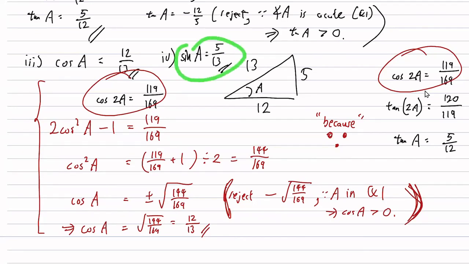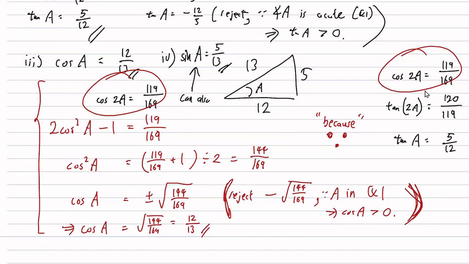You can also use cosine 2A, replace with 1 minus 2 sine square A, and then you solve for sine square and you take a square root, reject the negative. You can still get sine A equal 5 over 13. Do you need me to show you that? No. Or can I skip? Don't need. I'll just write down a short description.